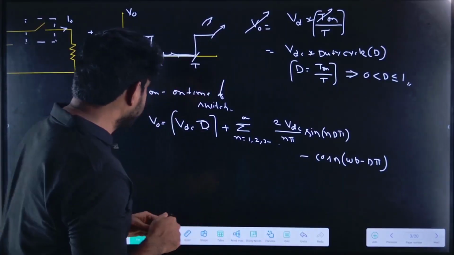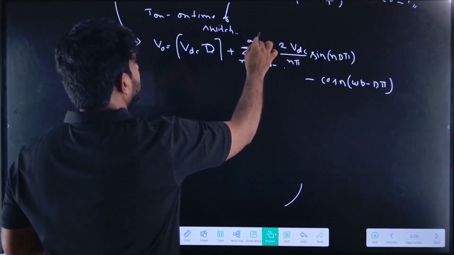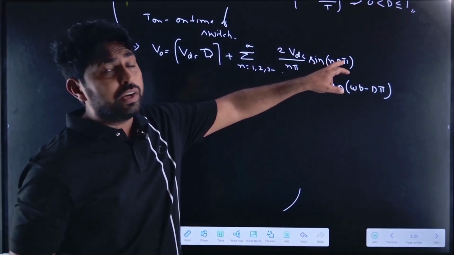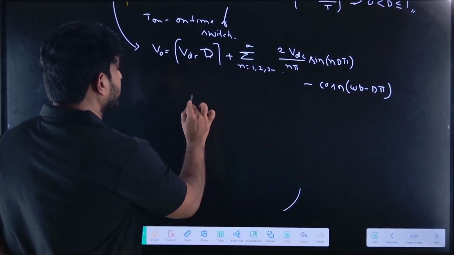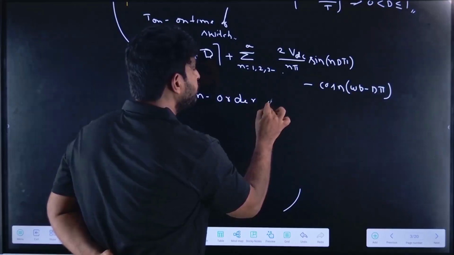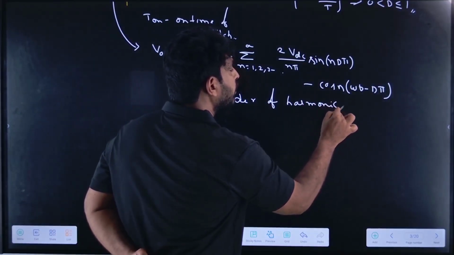So let us take one example and understand clearly. I want to eliminate the nth harmonic, where n is the order of the harmonic.